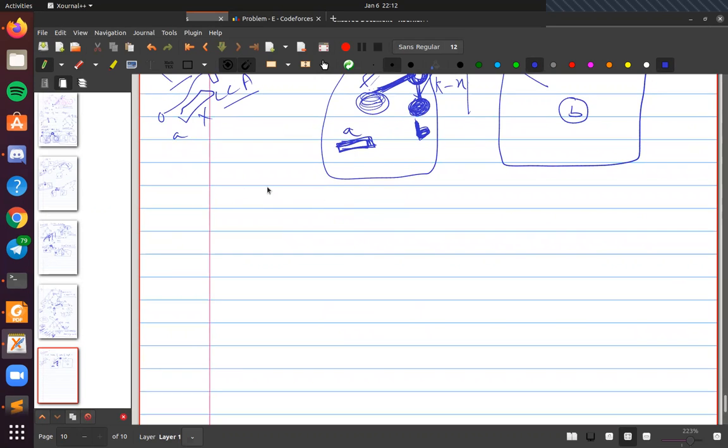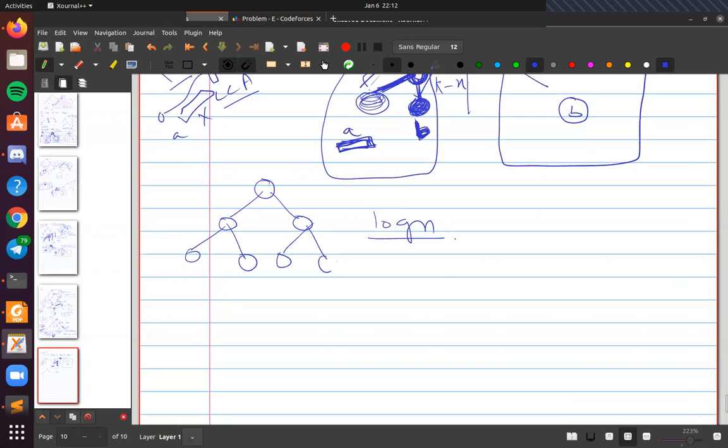The property of a centroid tree is that the height is at most log n. So if you make any data structure for each node, like a set or an array, it won't be greater than n log n squared.